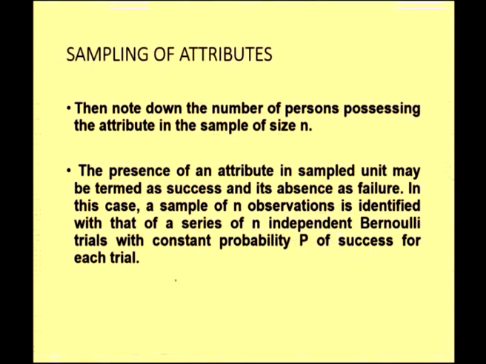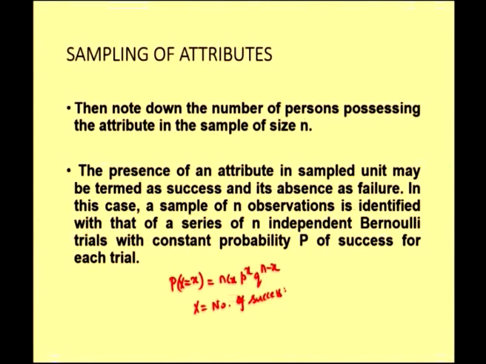Then the probability will be given by the binomial distribution, where the probability distribution will be given as p of x is equal to nCx p power x q power n minus x, because the sample of n observations is compared with n independent trials.